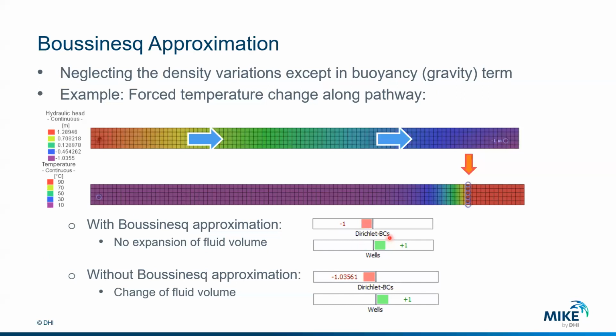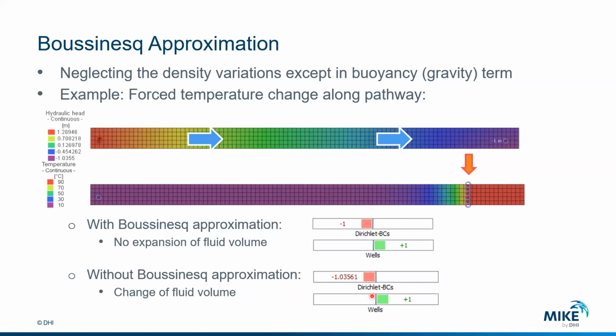With a Boussinesq approximation, there is no expansion of the fluid volume. So you add a -1 here as the flux being injected through the well, then you get a -1 at this point. But if you would not consider the Boussinesq approximation, we are accounting for those changes in the fluid volume.